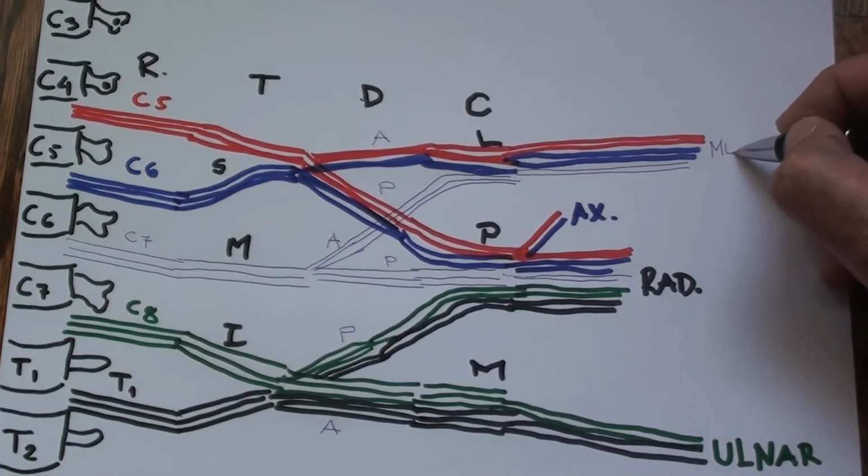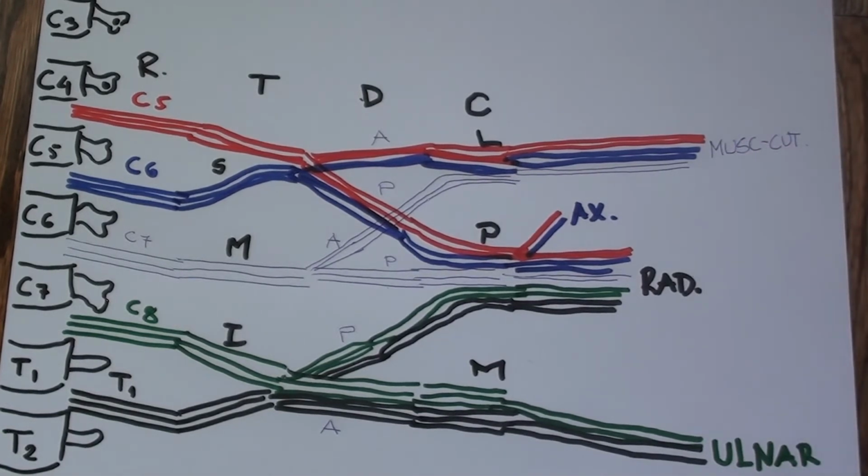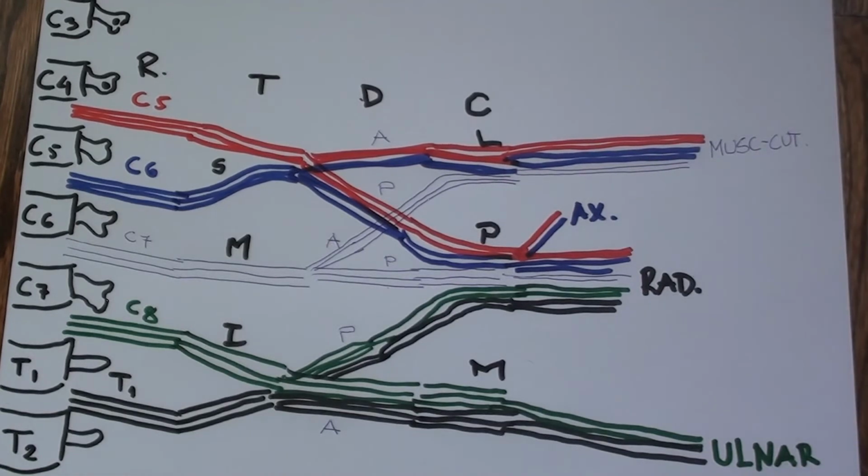This is the musculocutaneous nerve, which is built on the basis of C5, C6, and C7 fibers, as they are present within the lateral cord. So with the musculocutaneous, axillary, radial, and ulnar nerve, we are short of one last nerve, and that is, of course, the median nerve.